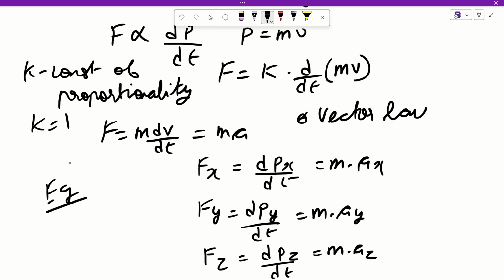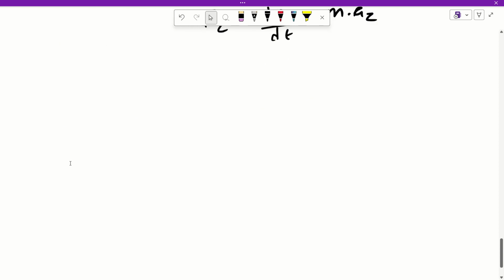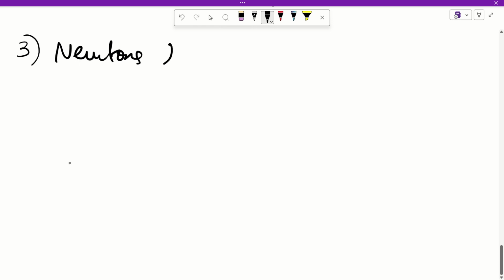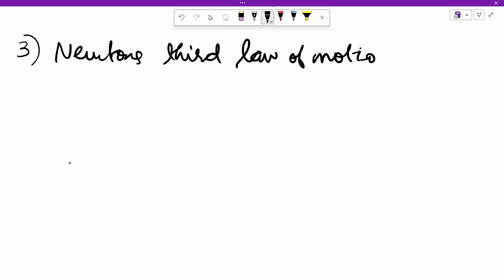Now let us go to the next law of motion, which is the third law. Newton's third law of motion: for every action, there is an equal and opposite reaction, and both act on two different bodies. Let's say on body one there is a force exerted, and on body two there is an opposite reaction force.